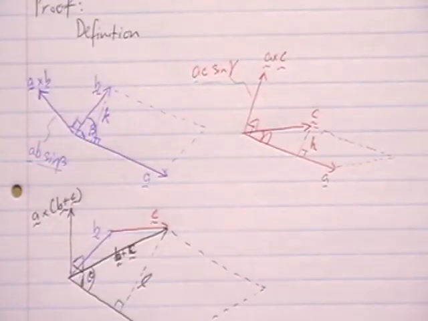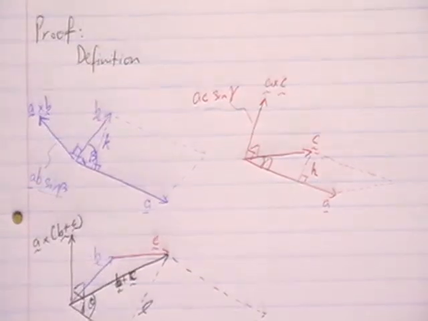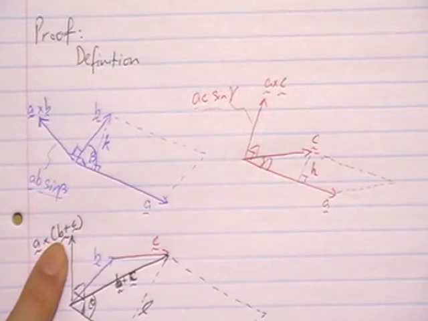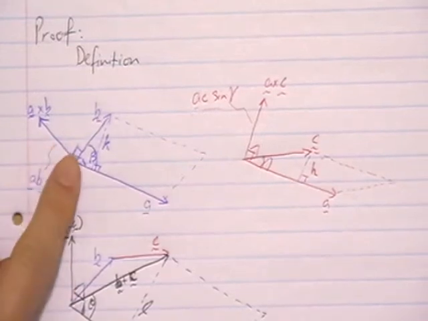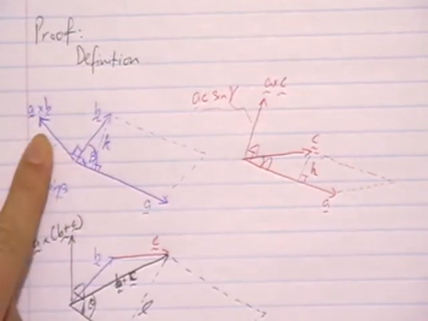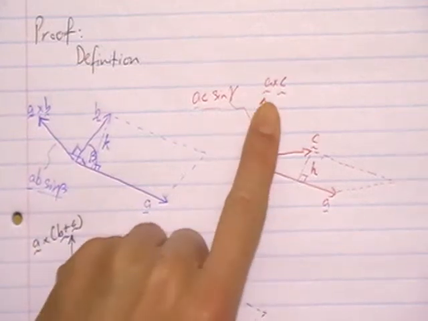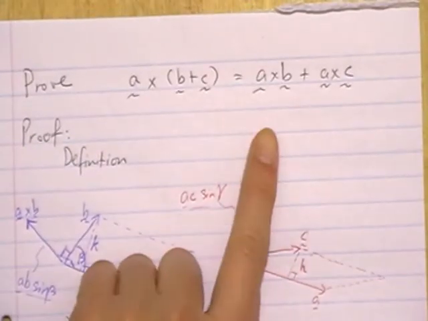Now clearly the next step would be to somehow combine these pictures and ideas so as to prove that this is actually equal to that plus that, which is what this is saying, right?